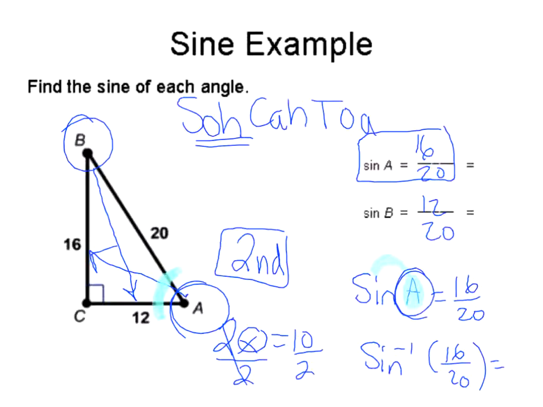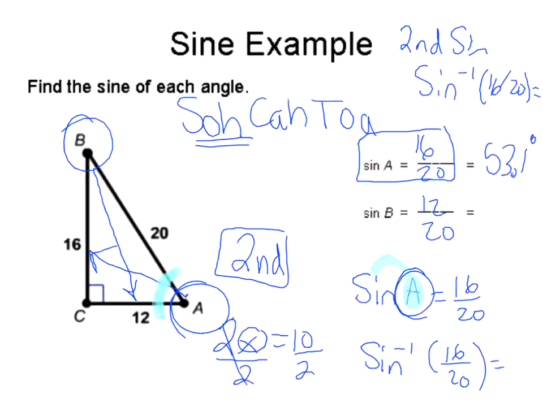That's how we get the sine to go away, leaving A by itself. So we're really doing second sine: sine to the -1, 16 divided by 20, hit your equal sign, and we should get 53.1-ish. Ish. I'm very mathematical today. Ish. Rounded.